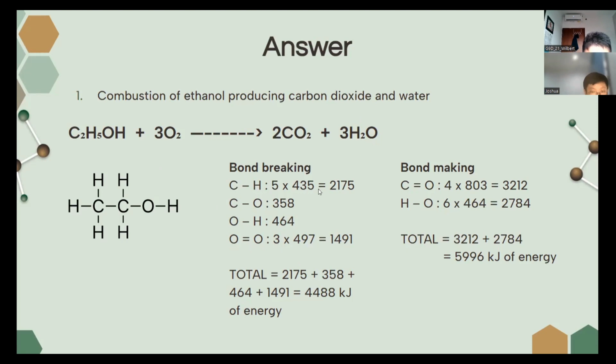So for the total of the bonds, it is 2175 plus 358 plus 464 plus 1491. So we add all of these up and it equals 4488 kilojoules of energy. So for the bond making, C=O equals 4 times 803.